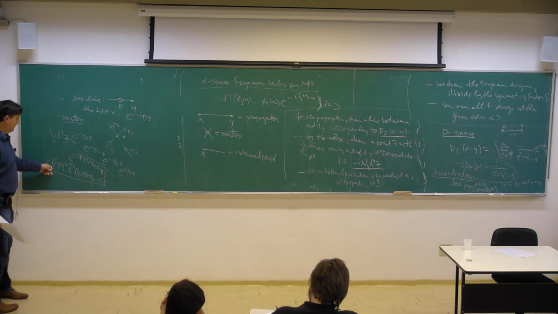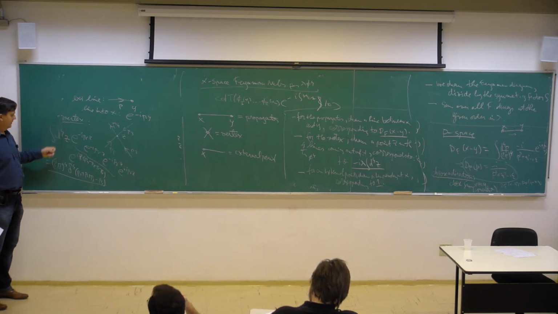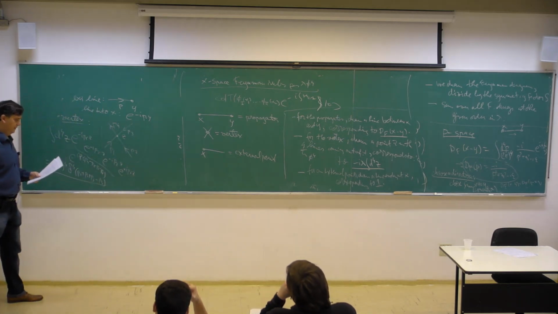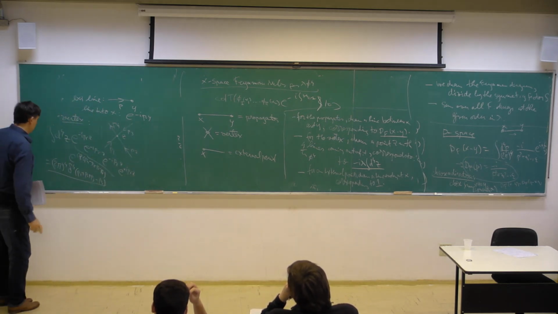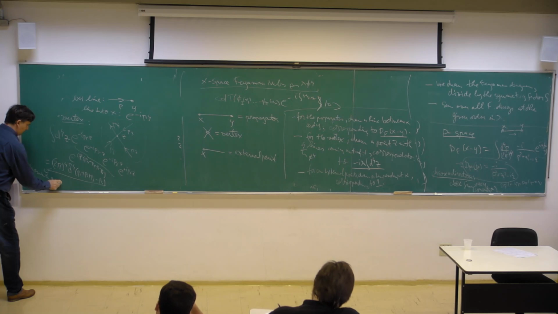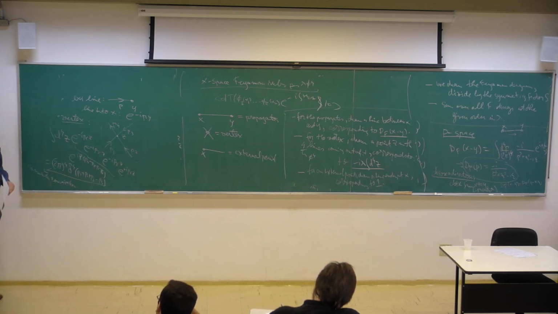So this is the vertex factor appearing for this vertex. Okay? This is, of course, momentum conservation, which we know is supposed to be true. So this is momentum conservation at some internal point z.